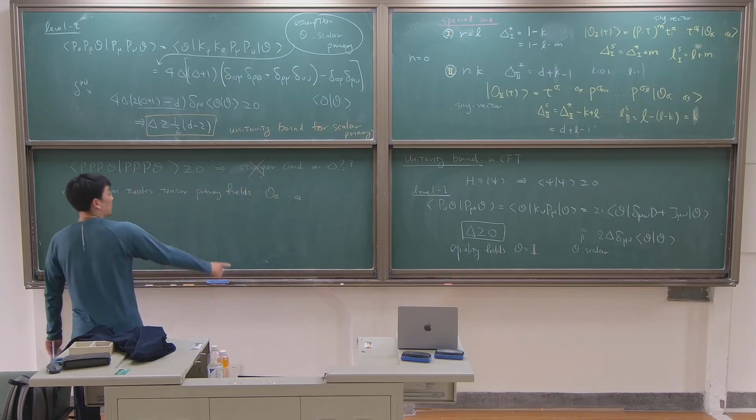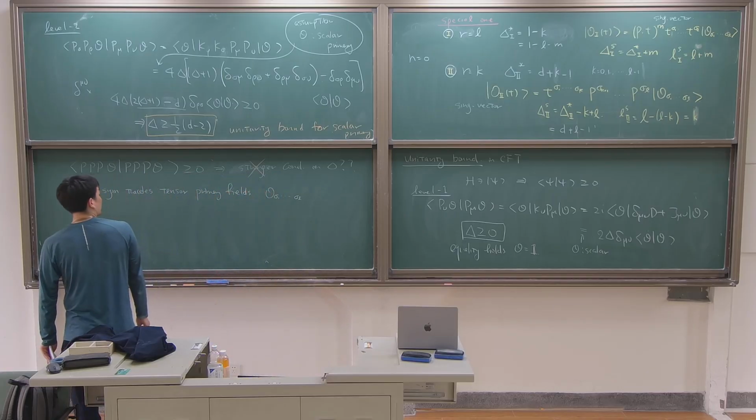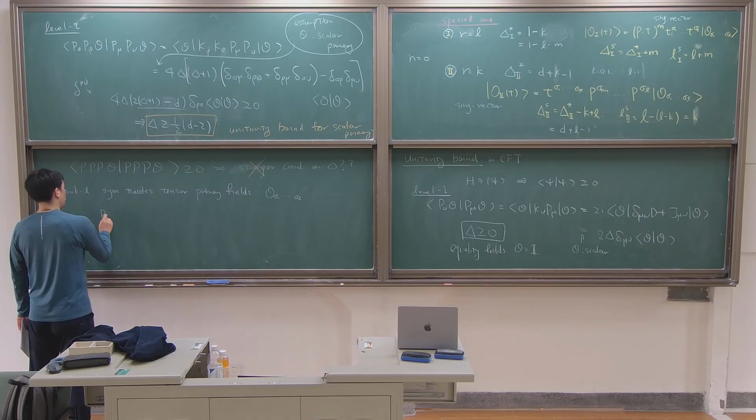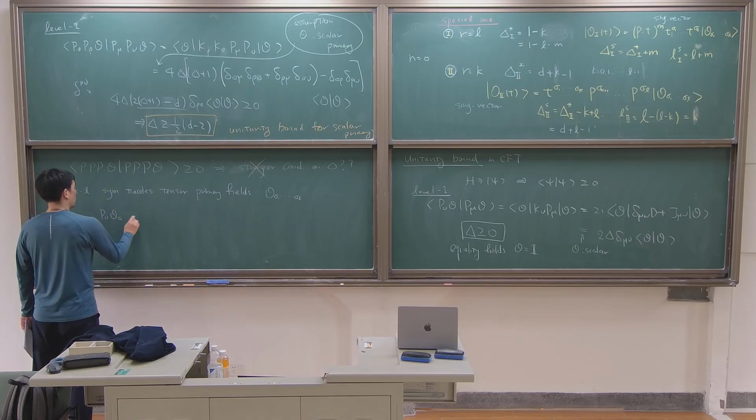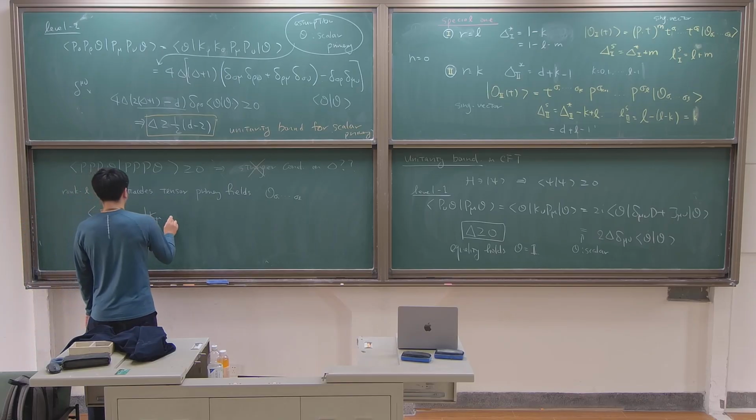Here you can do the same consideration as we did here. So the P nu operator, sigma 1 to sigma L, K nu mu, P mu.